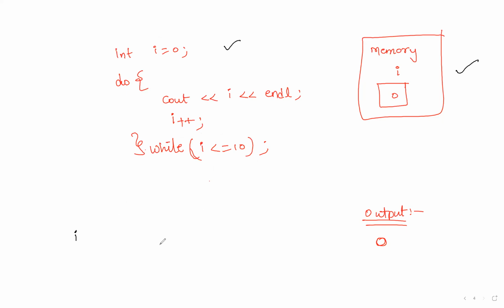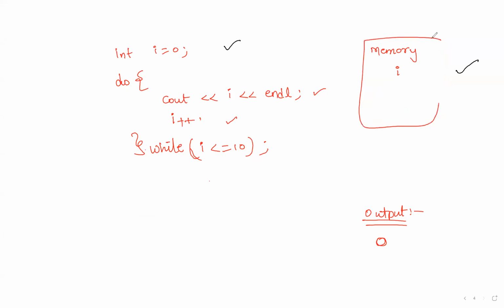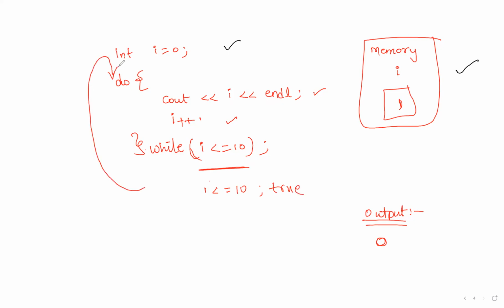Now if we see, when I is 0, we just displayed 0 to the screen. After displaying, the I value will be incremented. So when we say I is incremented, the I value is going to be 1. Now the I value is updated here, and the condition will be checked here. 1 is less than or equal to 10, and this will be true. Now the control goes back to the beginning of the do while loop.